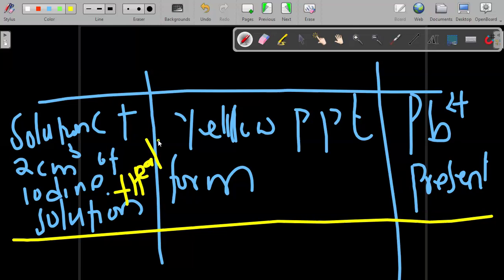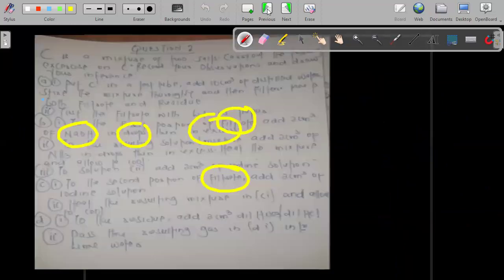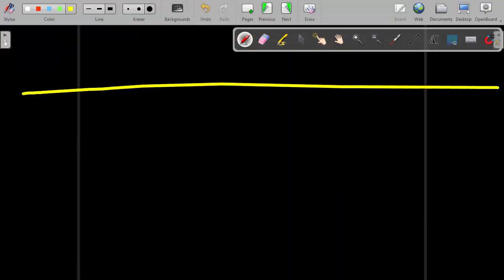That's the only way you can explain this. Add plus heat to that. Okay? Yes, sir. So it says, to the second portion of solution C, add 2 cm cube of iodine. So I will draw a table, the same table, just to extend it.